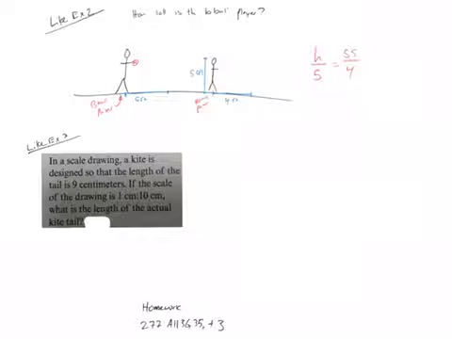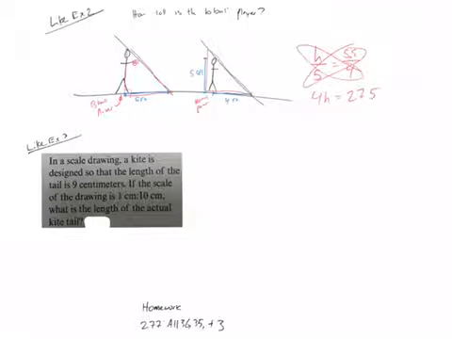Okay? And that's because the rays from the sun are all parallel at the same time of day. And so the triangle here would be similar to the triangle there. Okay? So now we have a proportion, so let's see about solving that. Cross multiply. 4h is equal to 5 times 5.5, which is 27.5.